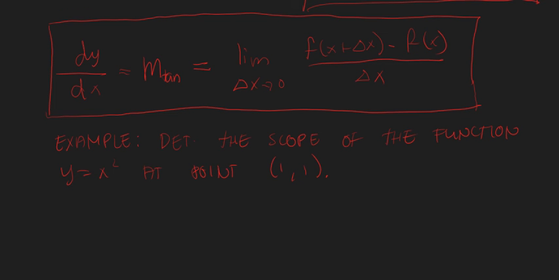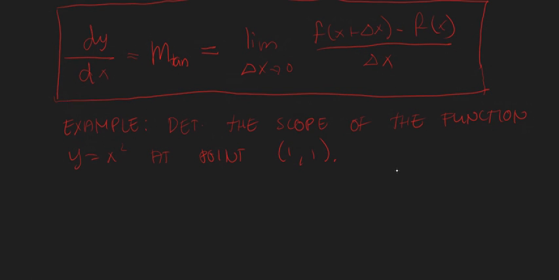So to determine the slope of the function, we just need to determine the slope of the tangent line. And how do we determine the slope of the tangent line? We just take the limit, use this definition. So first, we need to determine what is our f of x. F of x is just equal to y, so this is just equal to x squared.